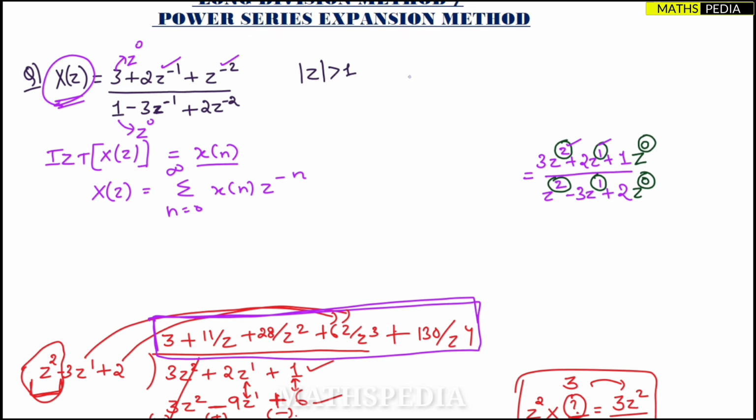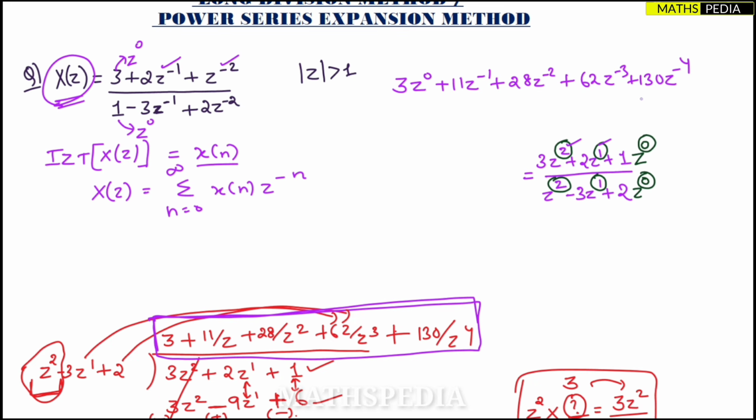Here I write it as 3 z power 0 plus 11 by z, I can write it as 11 z power minus 1, plus 28 by z square as 28 z power minus 2, plus 62 by z cube as 62 z power minus 3, plus 130 by z power 4 as 130 z power minus 4.